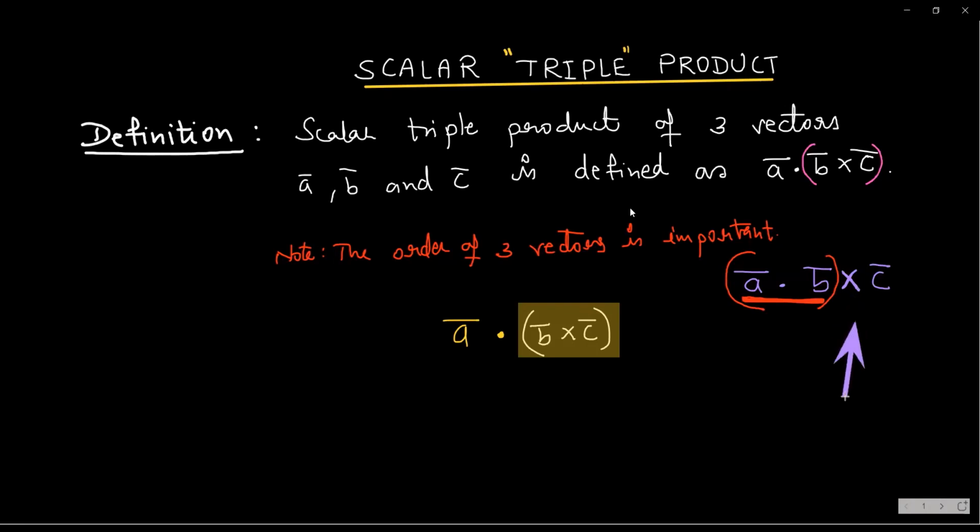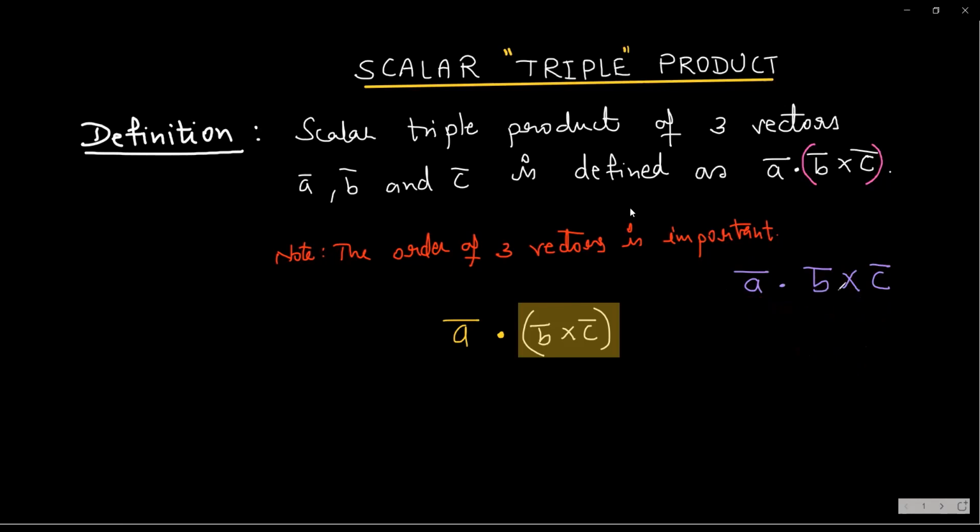It has to be a vector here and a vector here. But A bar dot B bar is a scalar, so you cannot have the cross product of a vector with a scalar. So if I consider it this way, I'm going to get a wrong result.